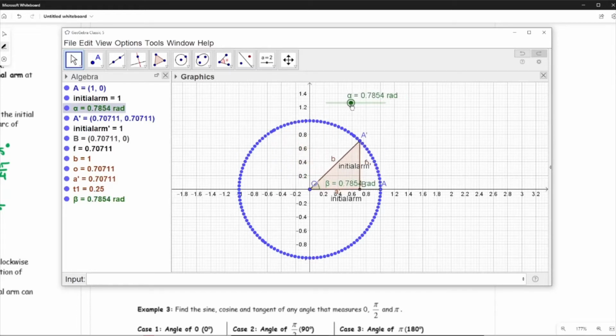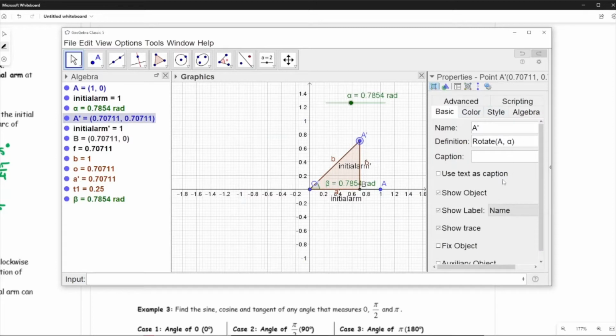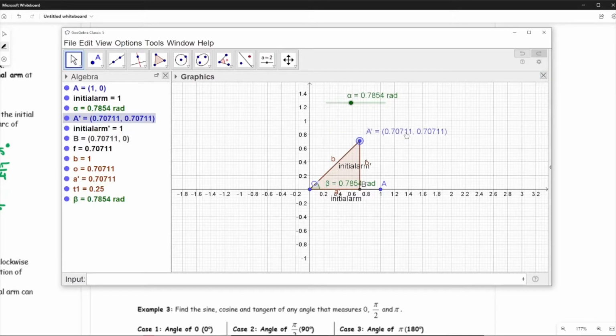Now, the last thing I want to say about this is let's focus our attention on the actual coordinates of A prime. When you see the coordinates, they don't look like anything, they just look like numbers over here. But here's the point I want to make.